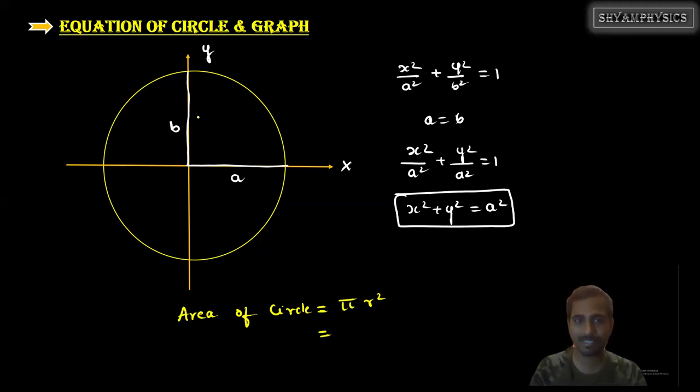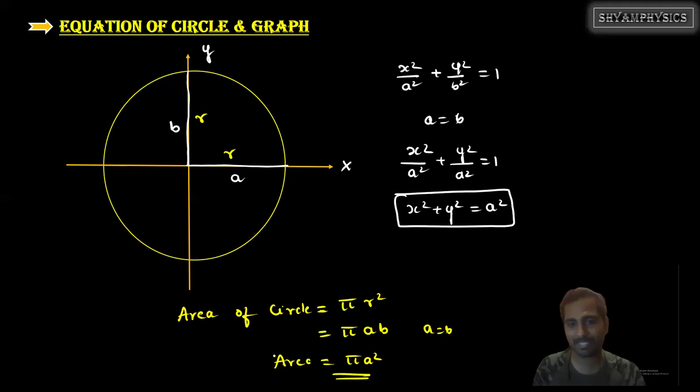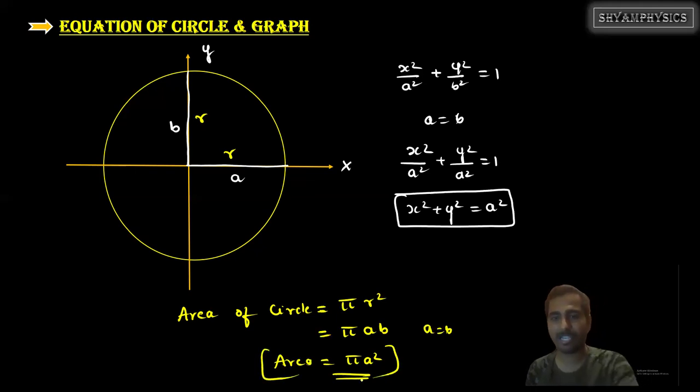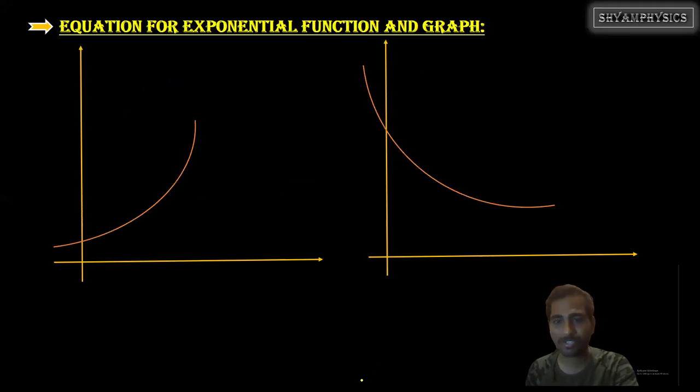This is also a radius, right? So should I write it like this: pi into a into b? Basically, a equals b means I can write b also as a. Then it becomes pi a square. This is the area of that circle. Correct my point? I understood.